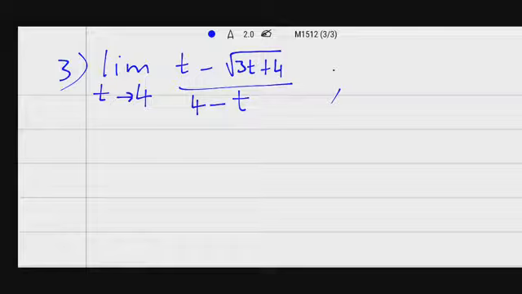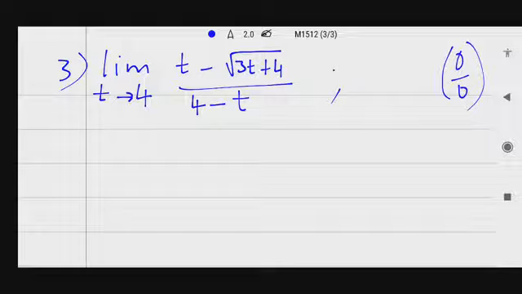Again, if you try to plug in 4 here, you are back to the indeterminate form, 0 over 0. But a different technique to apply this time. Once you involve the square root of something, there is a suspicion that you might need to rationalize, especially if you cannot factor.